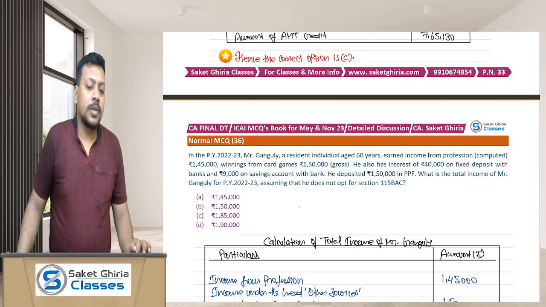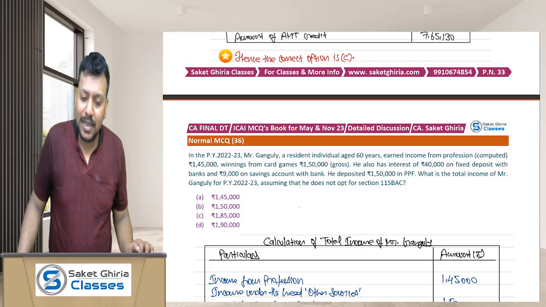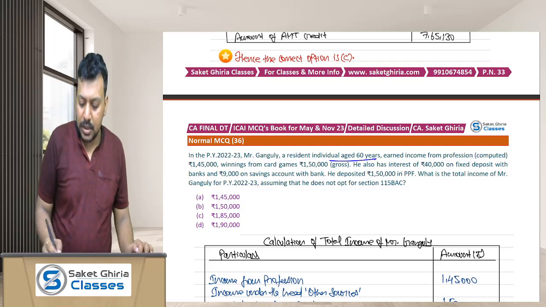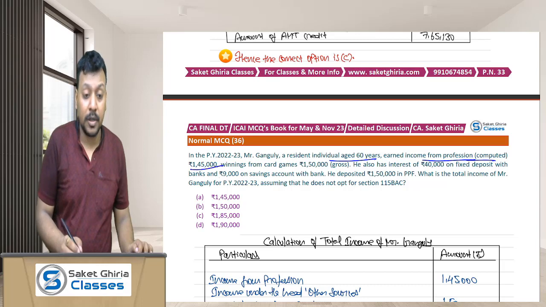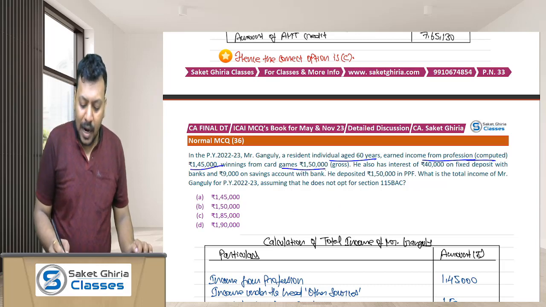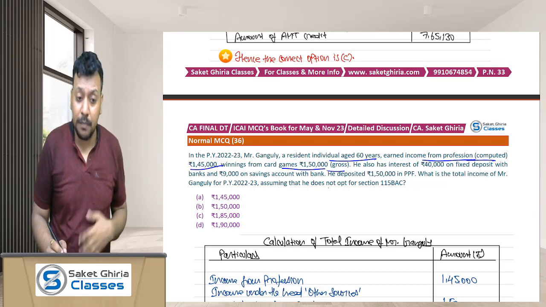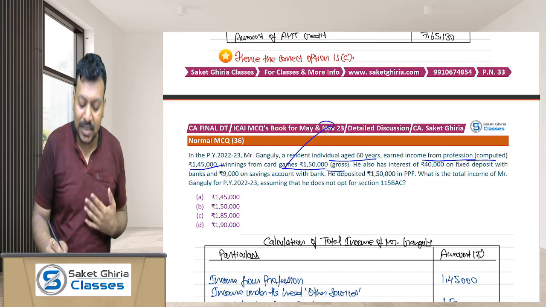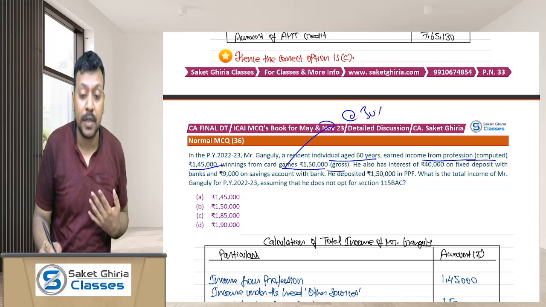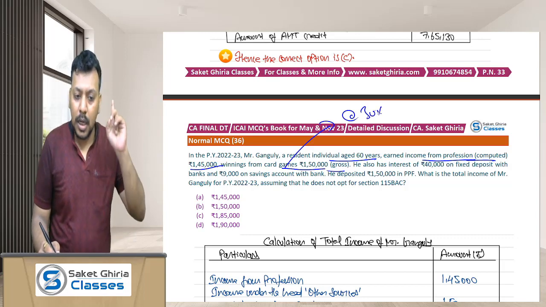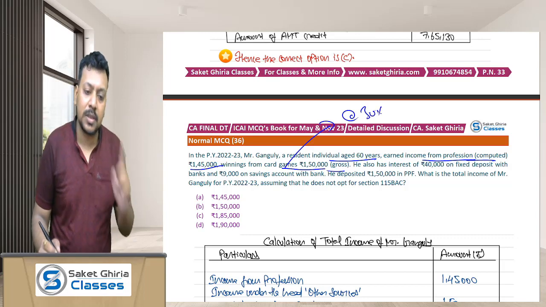In previous year 22-23, Mr. Ganguly, a resident individual aged 60 years, earned income from profession of 145, winnings from card game 150. Dear friends, as per section 115BB, if you have any winning from card game, it is taxable at a flat rate of 30%. No basic exemption limit allowed, no Chapter VI-A deduction allowed.